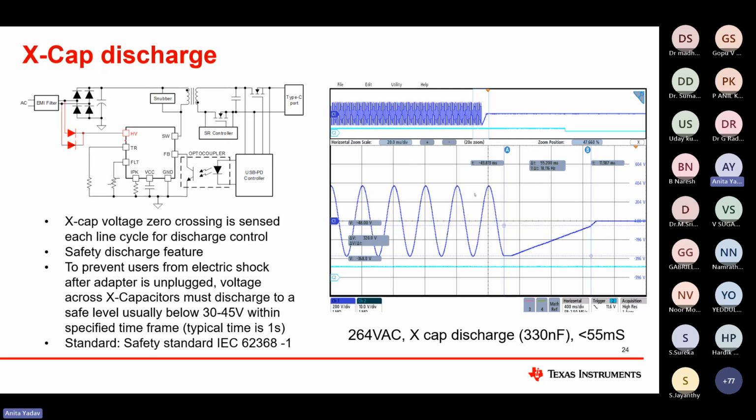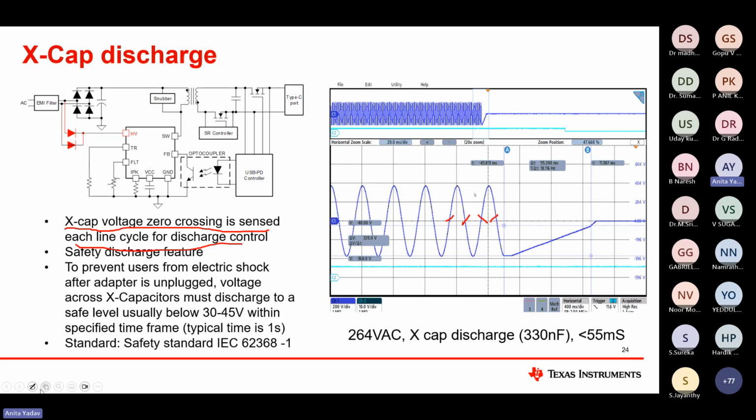So what does it do to discharge the escape? Basically, it senses the zero crossing of the line voltage, and based upon that it discharges the cap. Zero crossing means this point. What is the escape discharge standard? That is another question.